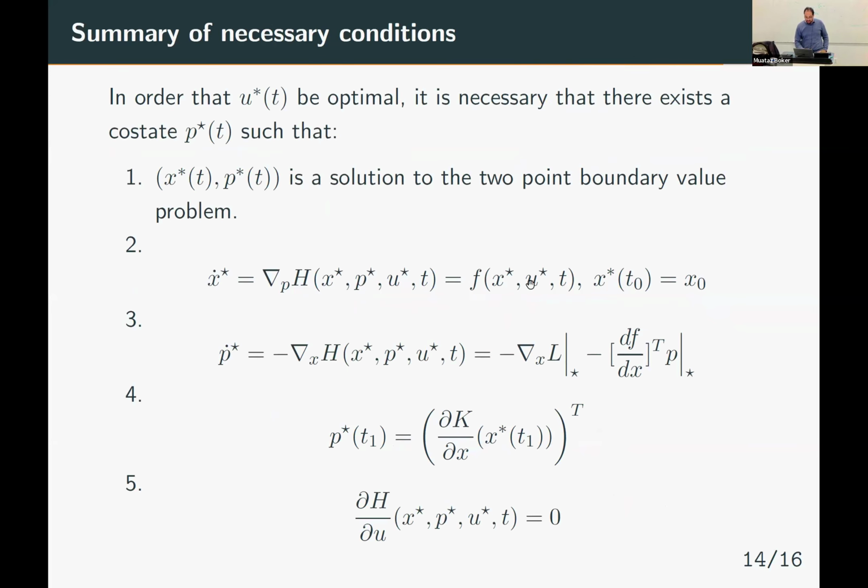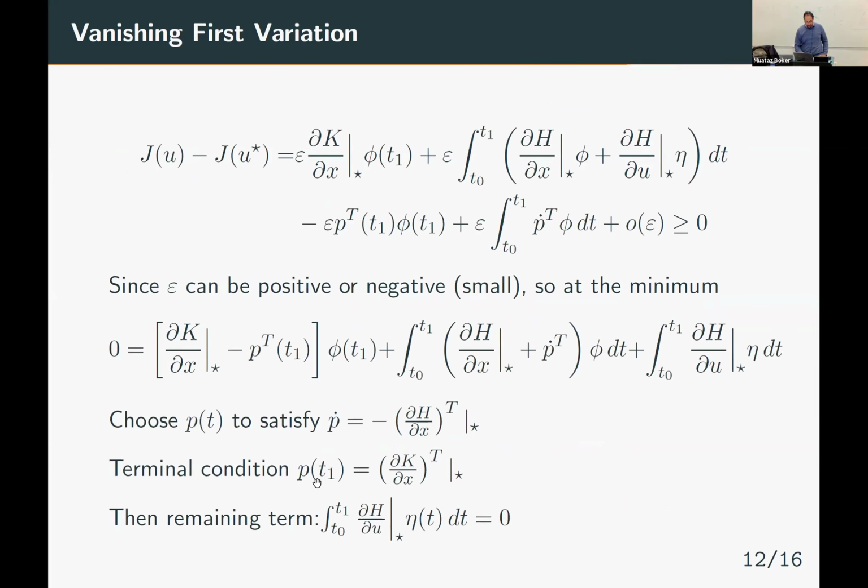The boundary condition for this equation, we know it, it's X naught, that's given. The boundary condition for this one, we get it from here. It's just a terminal condition. An ODE needs a boundary condition, and it doesn't matter whether it's the initial time or the final time, as long as it's a boundary condition.